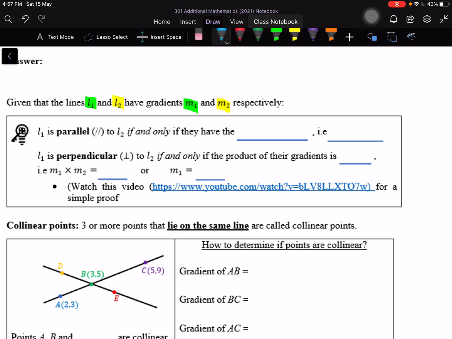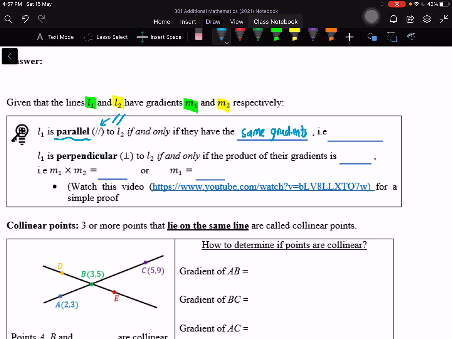Just now, by taking a look at two examples, we can see that two lines are parallel to each other, and the symbol we use for parallel is these two lines over here, if and only if they have the same gradients.